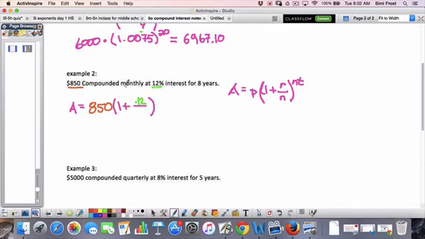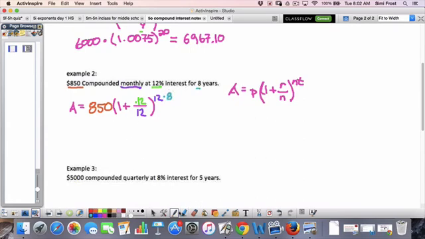So it says monthly right there, that means 12 times per year, times, once again, the number of times per year, 12, and then lastly, we're going to put in the number of years, so times 8.